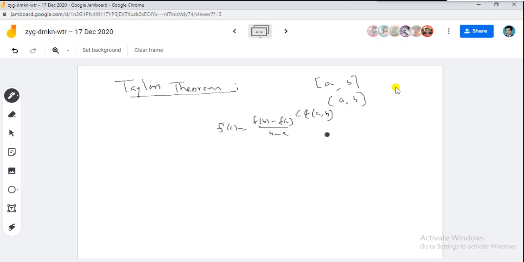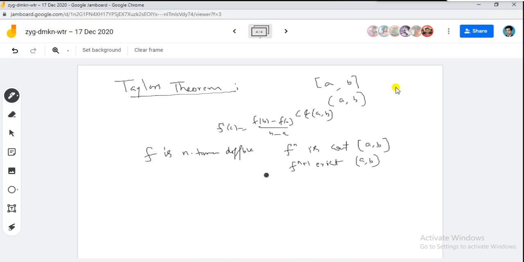In Taylor's theorem, what we do is that suppose f is n times differentiable, and its nth derivative is continuous on closed interval AB, and maybe one more time differentiable on open interval AB, right?